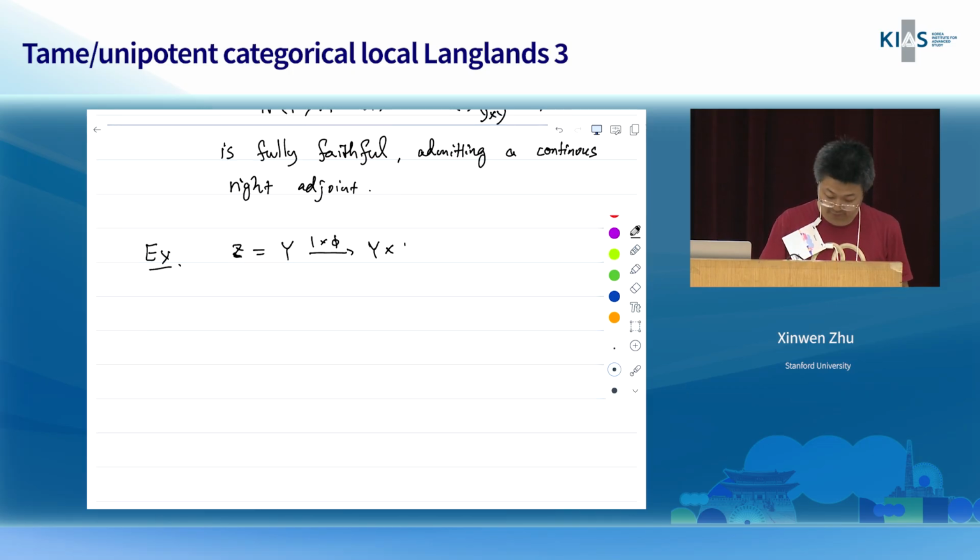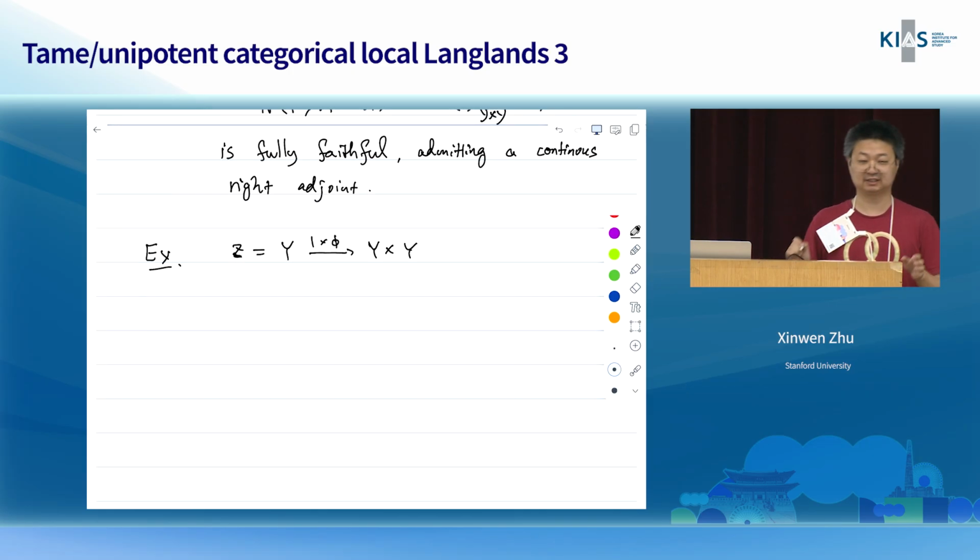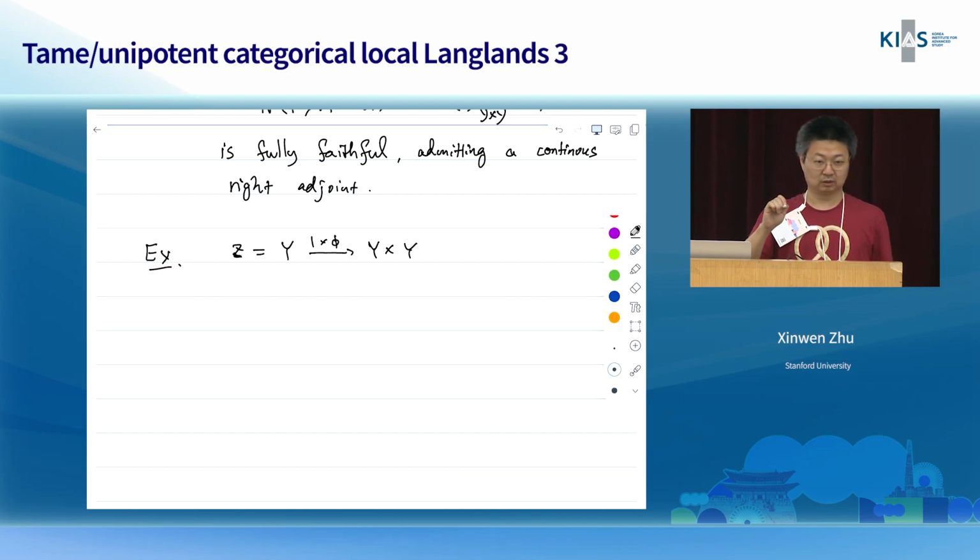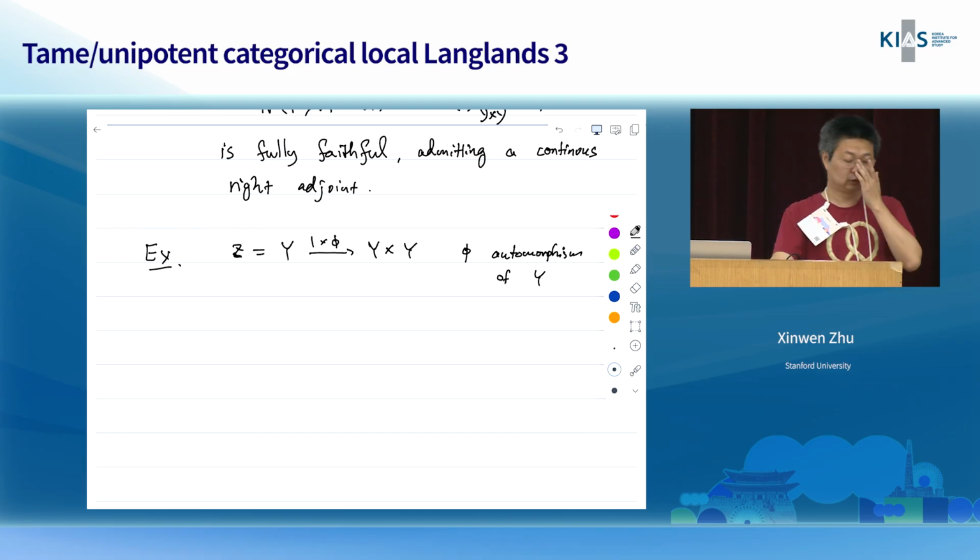Recall that to define this bimodule, we need Z to get the two maps from Y. I will take one of them to be just Y, with one map just the identity and the other some kind of automorphism of Y. So then let's see, what is this space?